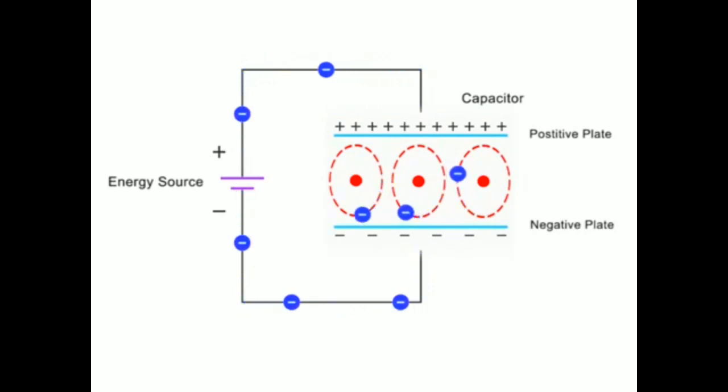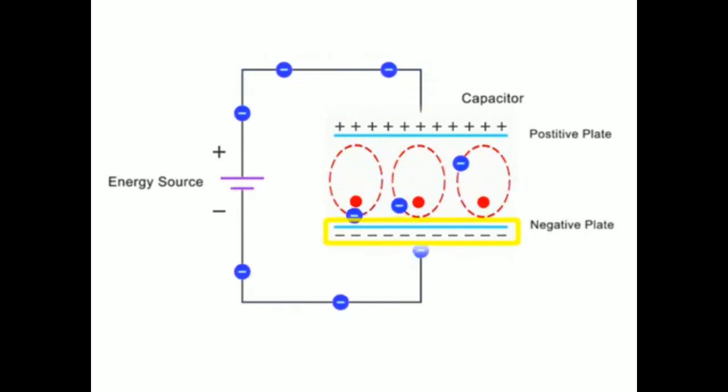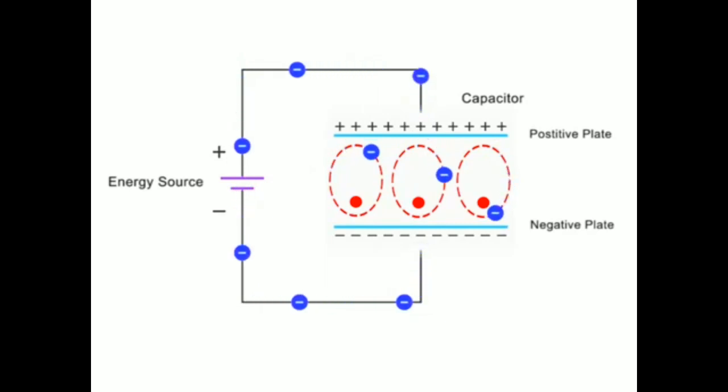The attraction of the nucleus to the negatively charged plate further stretches the atoms. This process of distorting the orbit of the electrons uses energy that then becomes stored in the dielectric material.